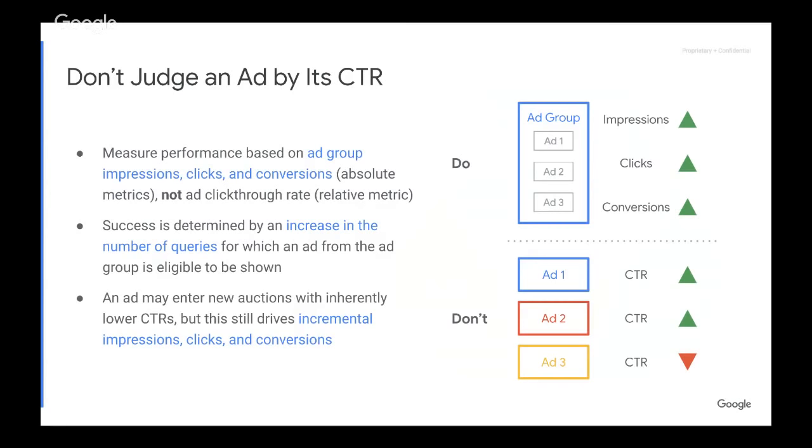Main factors to look after are impressions increase, clicks increase, and conversions. Success is determined by the increase in number of queries for which an ad from the ad group is eligible to be shown. So more impressions means you want more auctions to be shown, which potentially can get you more visitors and conversions.